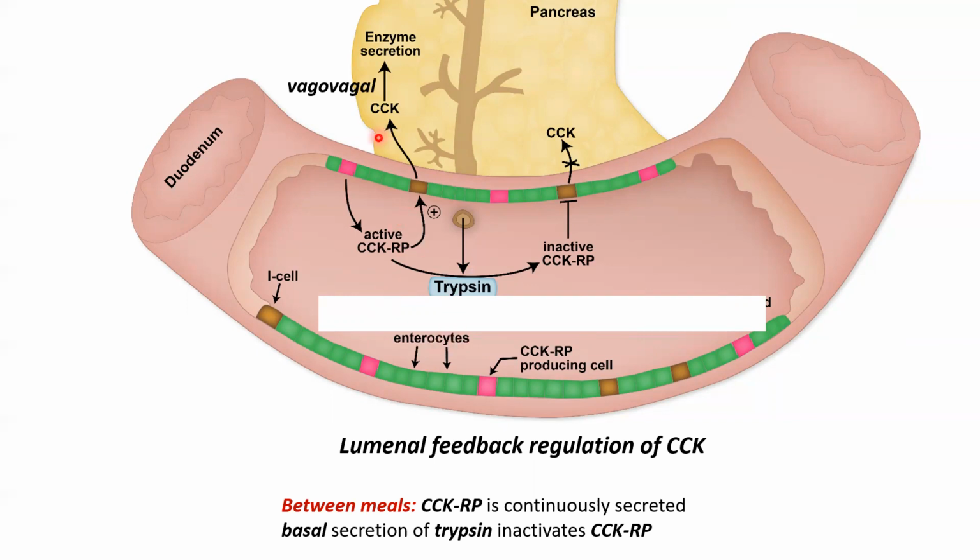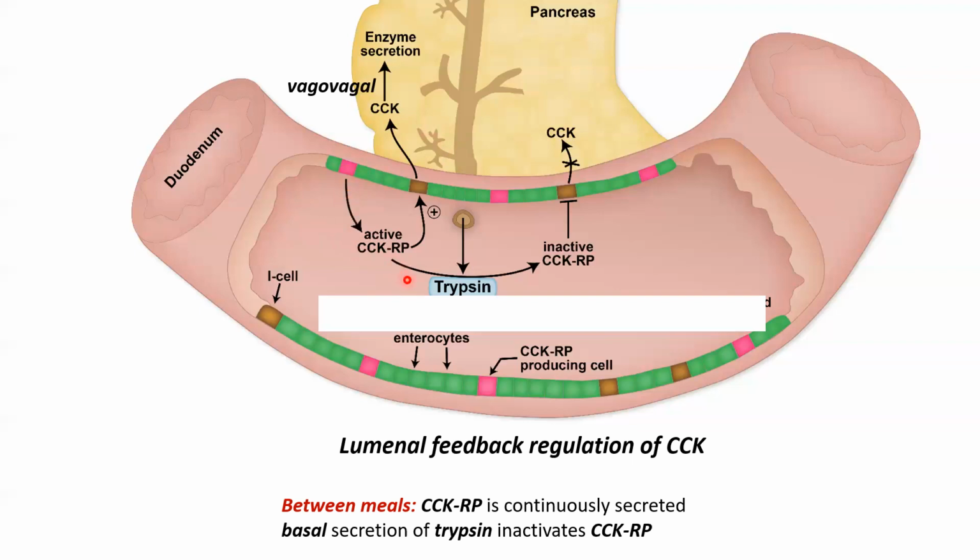Now it's easier to understand. But anyway, you have this protein being secreted. It's called a CCK releasing protein, CCKRP. You don't even have to memorize that. Just remember it's a releasing protein, and it's just continuously secreted by these particular cells.